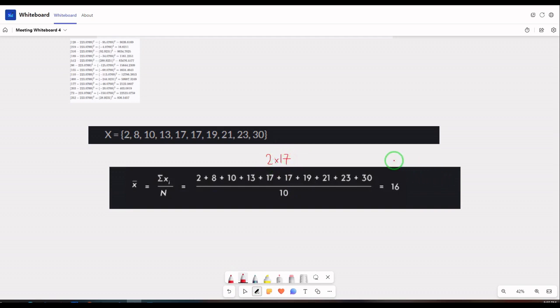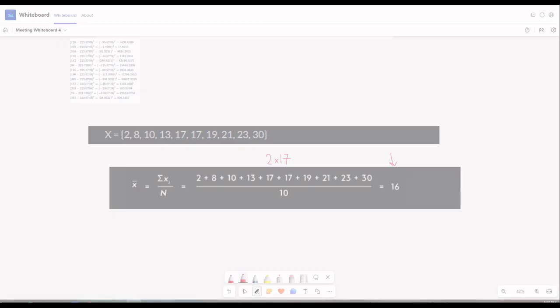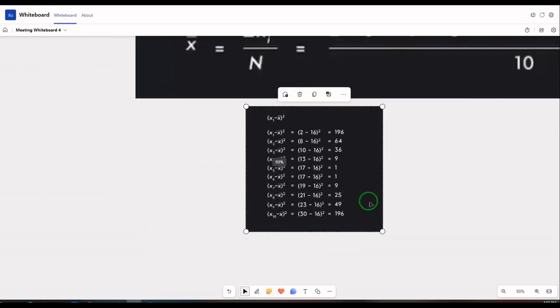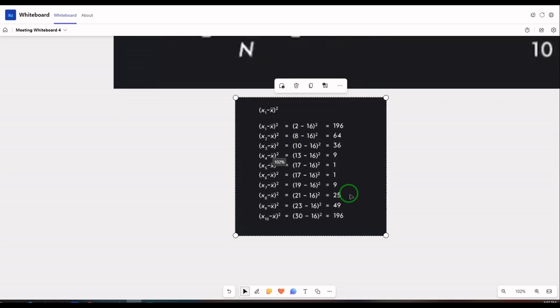But the final answer for the mean should be exactly the same thing, which is 16. The next step, remember guys, is to calculate the deviation, right? And then raising it to the power 2. This is what I did.